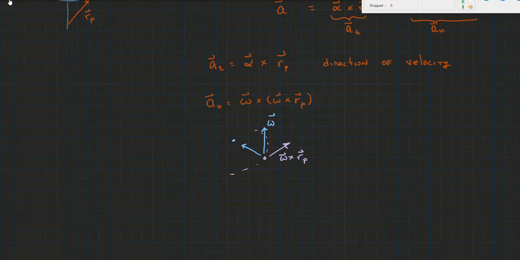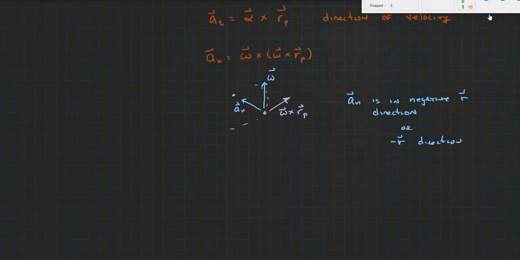And that's in the normal direction. So the normal acceleration points in the negative r direction, or minus r. So because of this, we can think of some scalar simplifications with the normal. So we can say that an equals essentially omega squared times r, but in the negative direction.